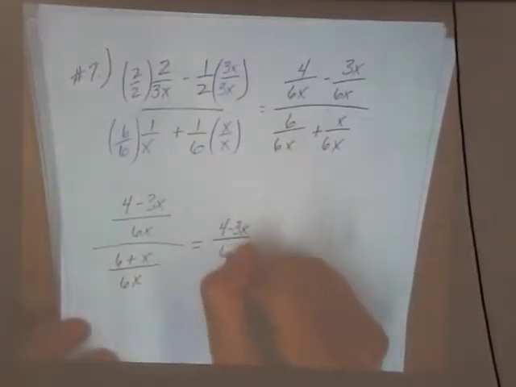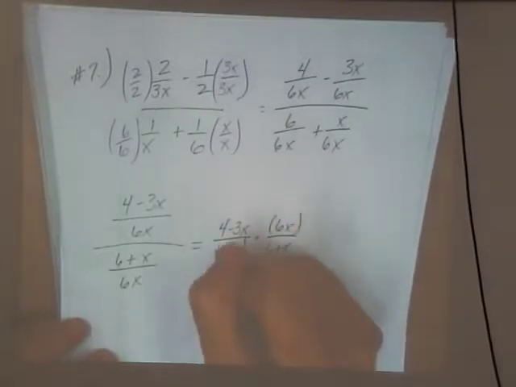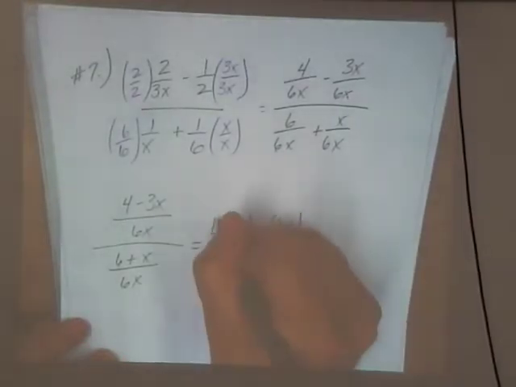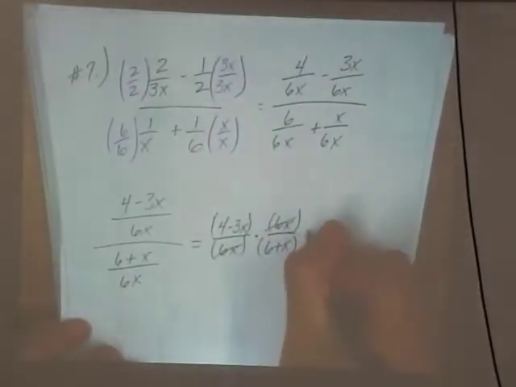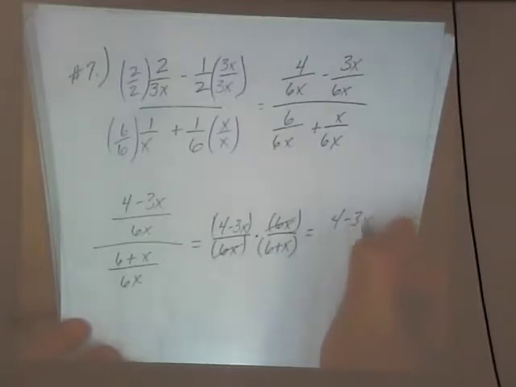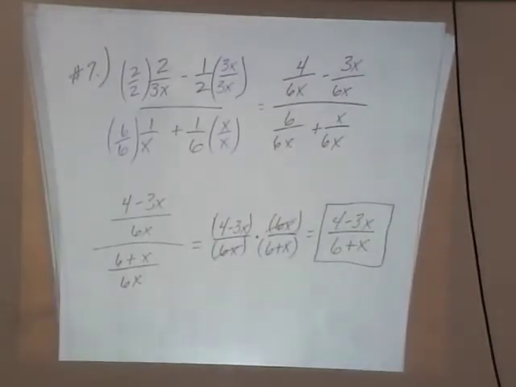There's 3x over 6x times 6x over 6 plus x. These simplify out, so I'm just left with 4 minus 3x over 6 plus x. Any questions?